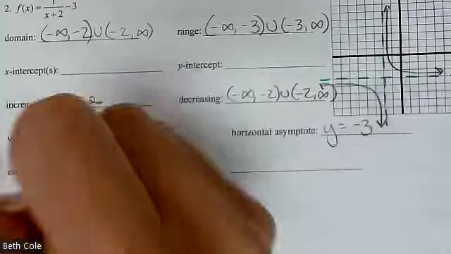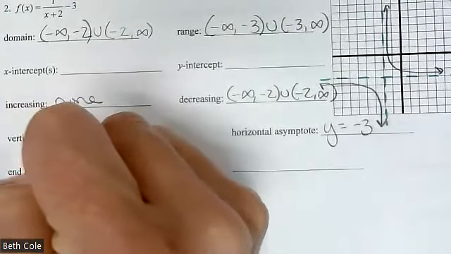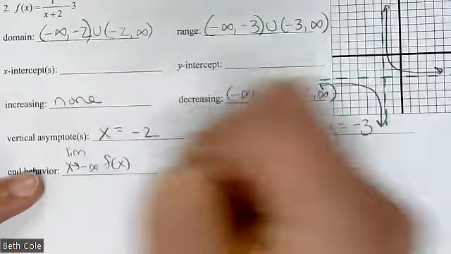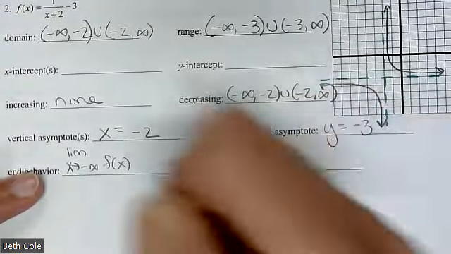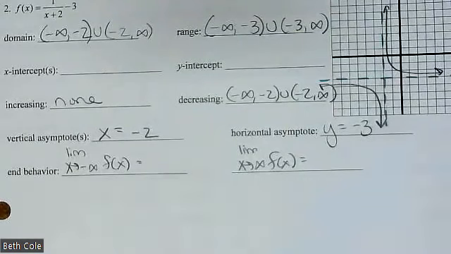All right, and then go ahead and set up your limits for your end behavior. Limit as x goes to -infinity of the function. Limit as x goes to +infinity of the function. And then just watch me point to it.